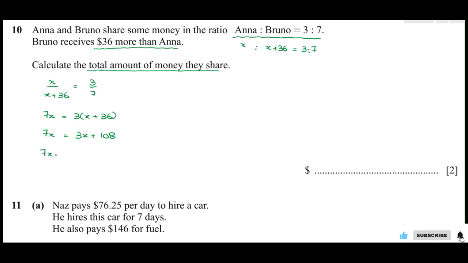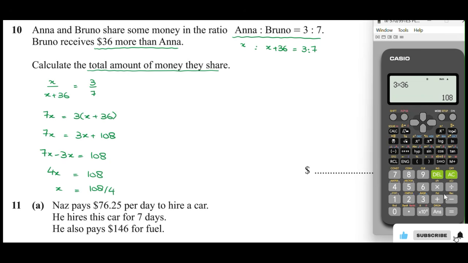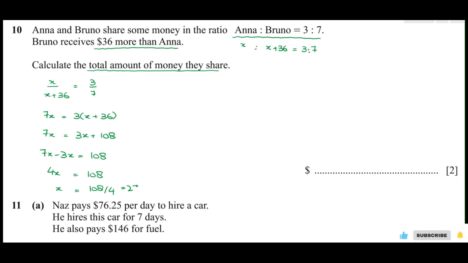So 7x minus 3x, shift the 3x to the other side, this would be 108. From 7 take away 3 is 4x equals 108. And what is x equal to? x is equal to 108 divided by 4. So 108 divided by 4, this would be 27, right? So x is equal to 27.